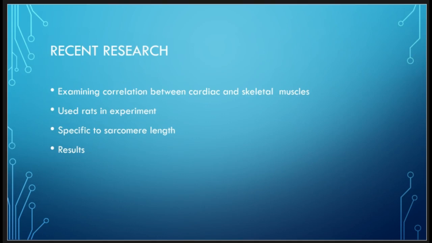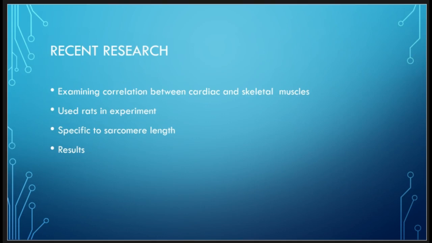In this particular experiment, they were looking at rats, specifically to see if sarcomere length had anything to do with how strongly the heart muscles fired, and whether the length of the sarcomere corresponded to the relationship between the end diastolic volume and stroke volume. And the results are actually pretty interesting.